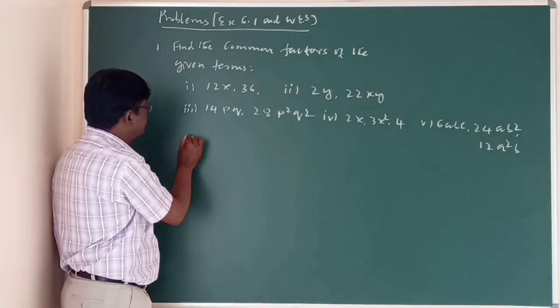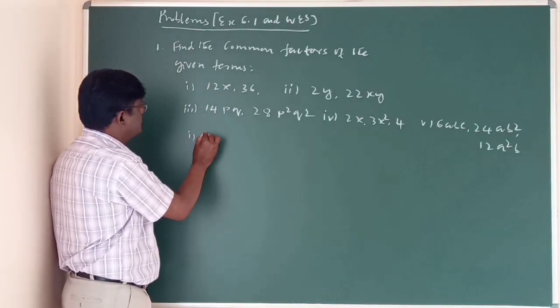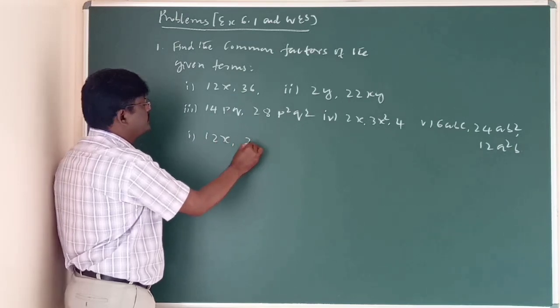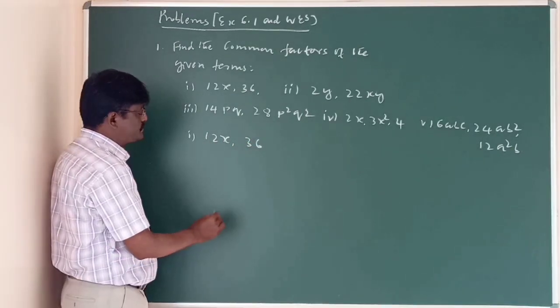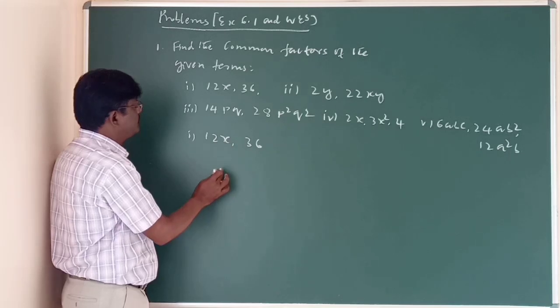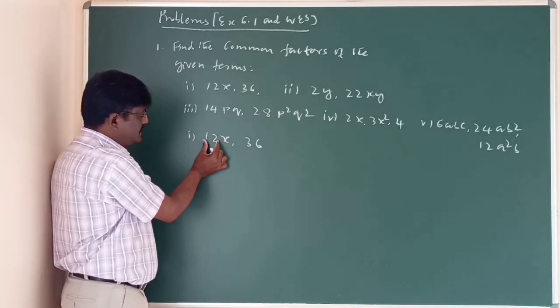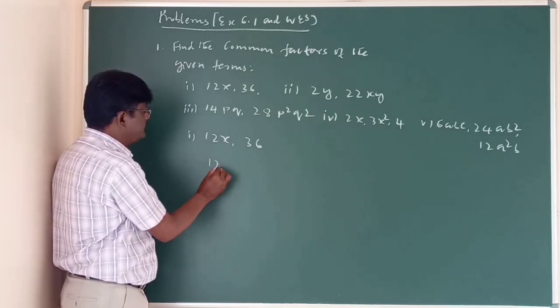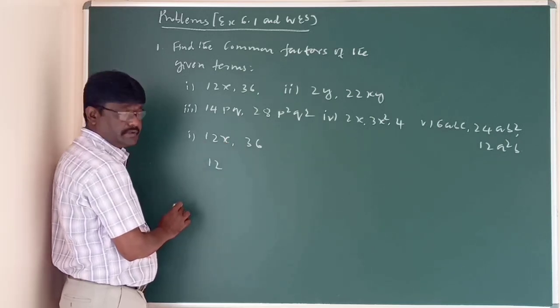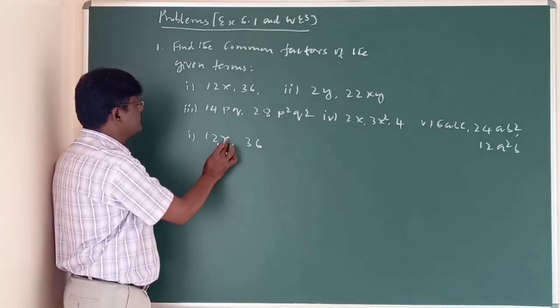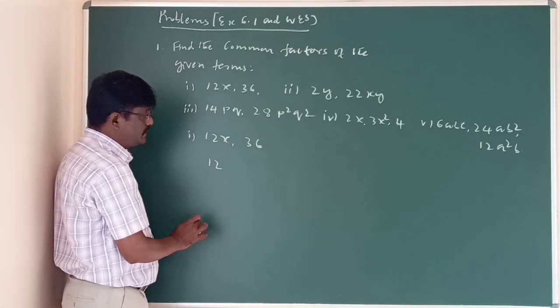Okay, we shall take the first one: 12x and 36. First we shall factorize 12x. While factorizing, take only the numerical part. No need to take the variable, because here the variable is already in its simplest, irreducible form, that is x.